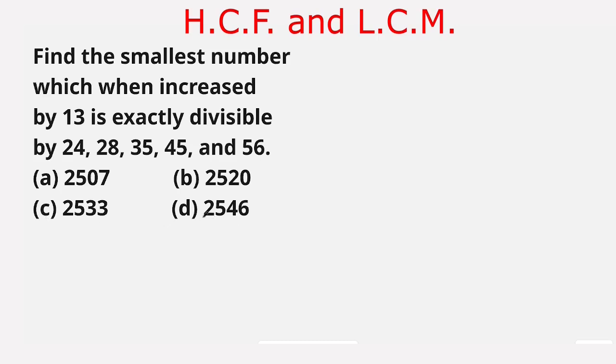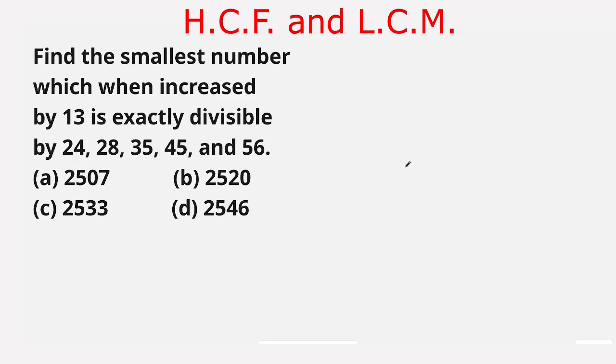Now if we add 13 to 2546, it will become 2559. 2 plus 5 is 7, plus 5 is 12, plus 9 is 21, and that's not divisible by 9. It means that our answer must be option A, and without solving we can choose this option in any competitive exams. This way we can find the solution from the options.